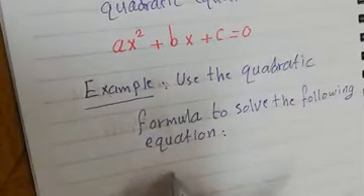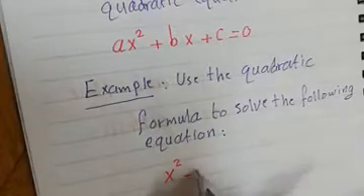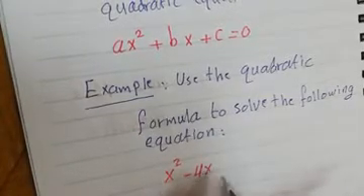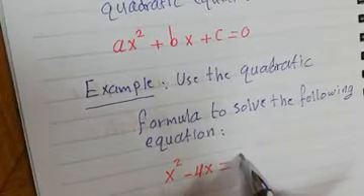My equation is x squared minus 4x equals 5.